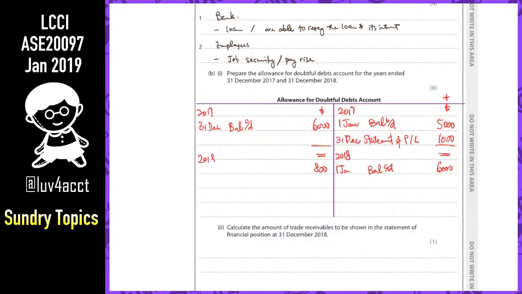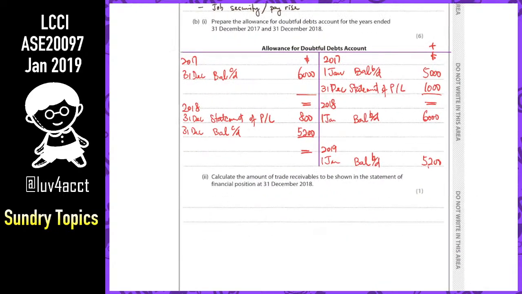Year 2018, 31st of December, again statement of profit or loss. Okay, so it will give you a balance on 31st December of 5,200, which would go into the next year, year 2019, 1st of January, balance brought down again, 5,200. Okay, done. 6 marks.